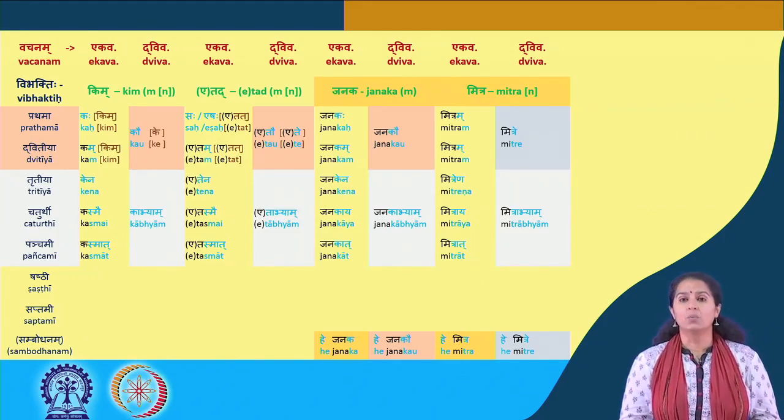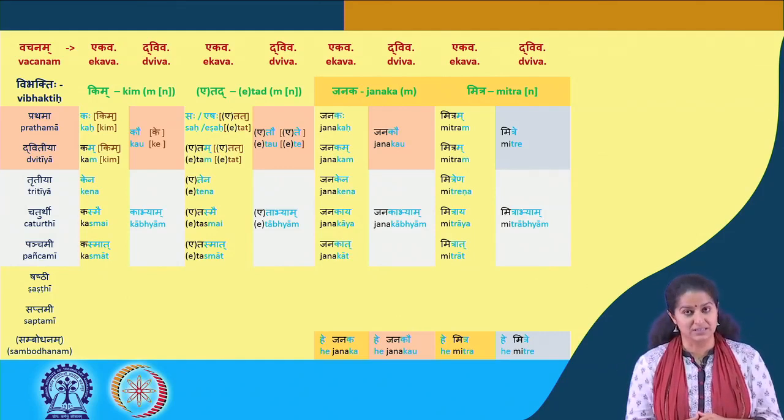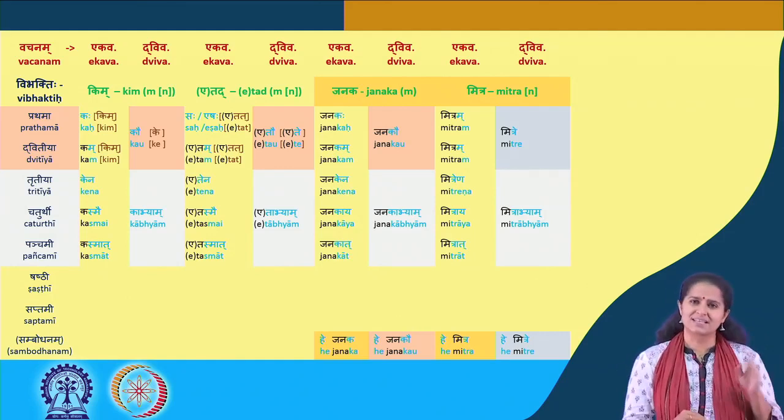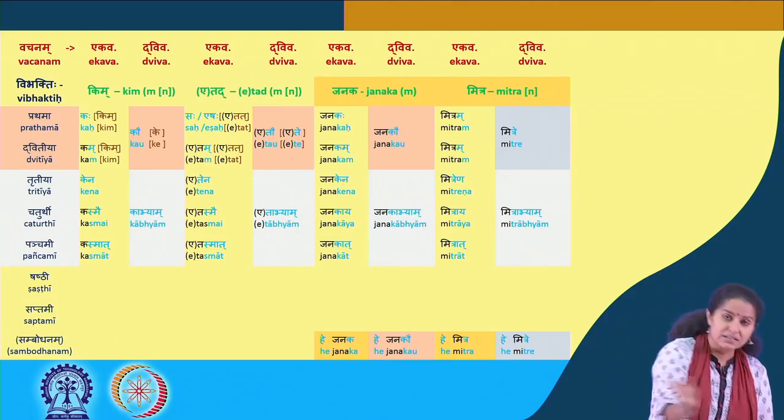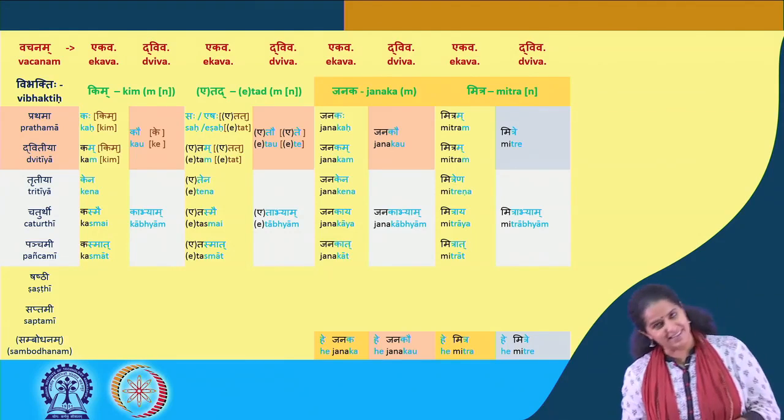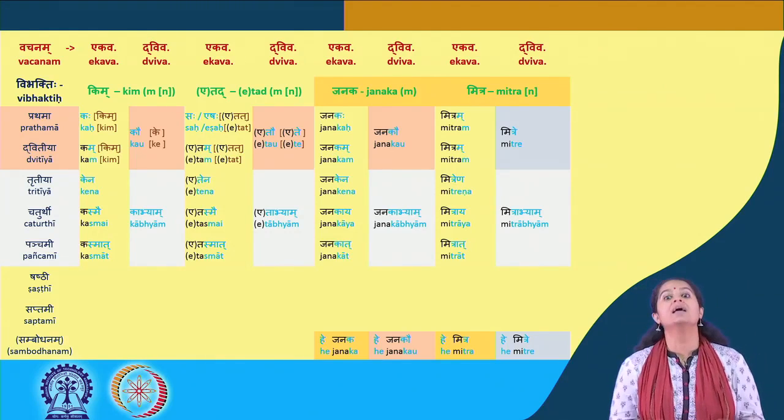Moving on, we see in the third, fourth and fifth cases that kena gachati, with whom are you going? Kena bhavan or bhavati gachati, or I'll stick to the saha. So saha kena gachati, just kena gachati, and the answer is tena janakena gachati. And what happens in the dual?